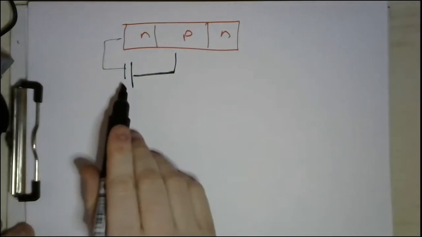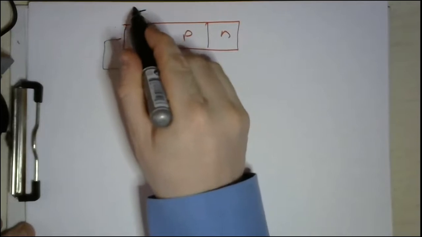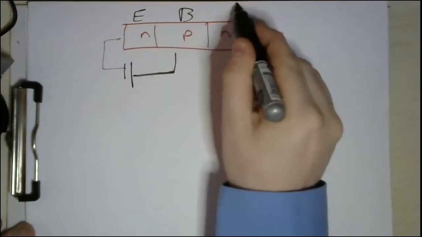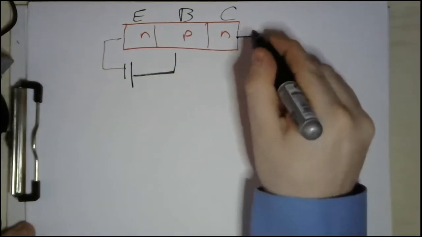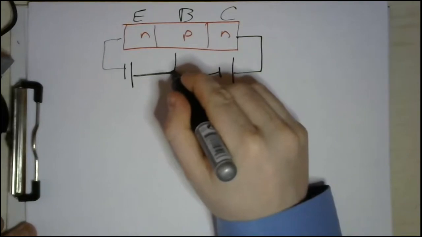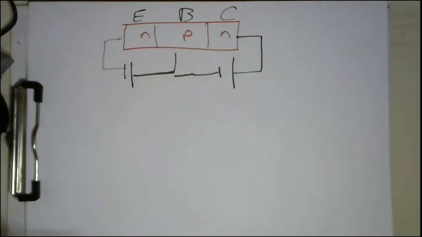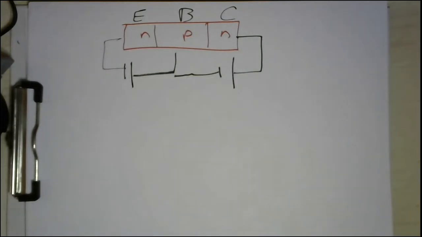That's why I'm connecting the base to a positive and the emitter to a negative. Don't forget that this is the emitter, this is the base, and this is the collector. And this junction should be in reverse bias, so I'm going to connect the collector to a positive. So this configuration reflects an active mode configuration.